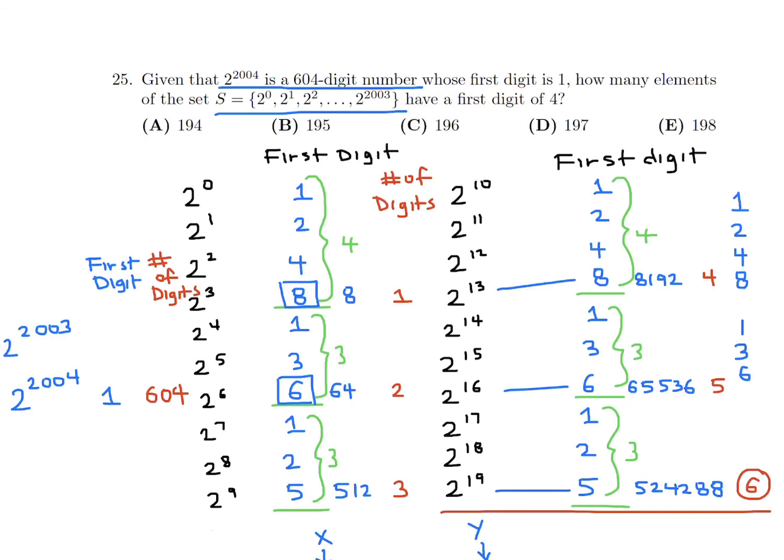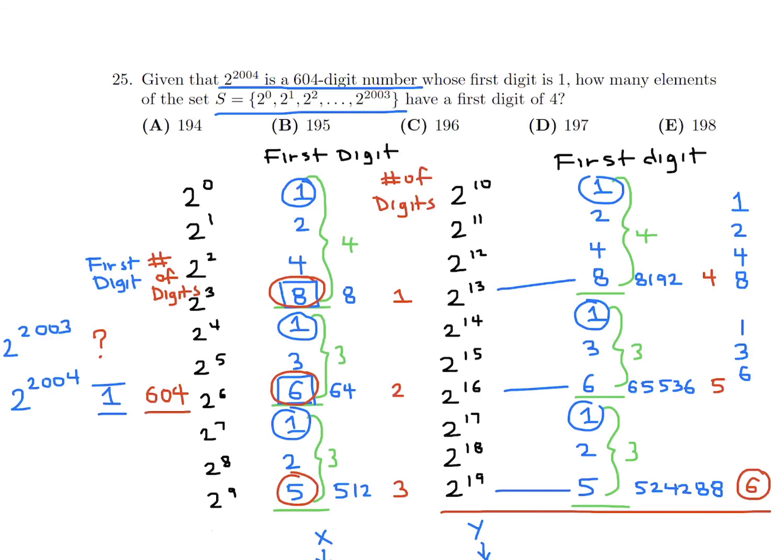But the good news is that this is a 1, and therefore it's the start of another subset. You notice the start of any subset is always 1. So 2 to the power of 2003 is 1 before it, so its first digit could be 8, 6, or 5. We don't know, so I'm going to put a question mark there. That's okay, we don't need to know, but we definitely need to know the number of digits.